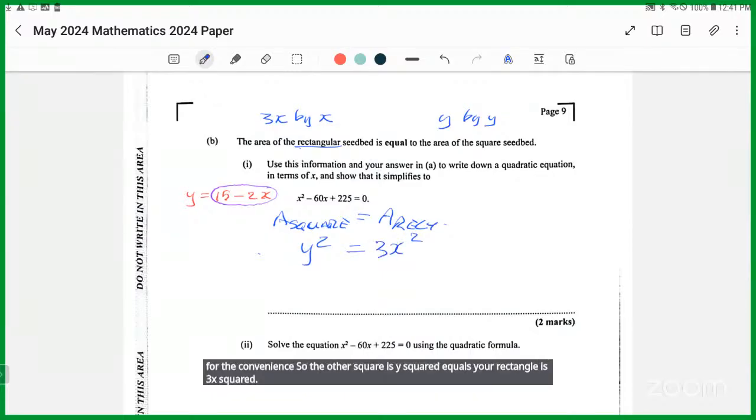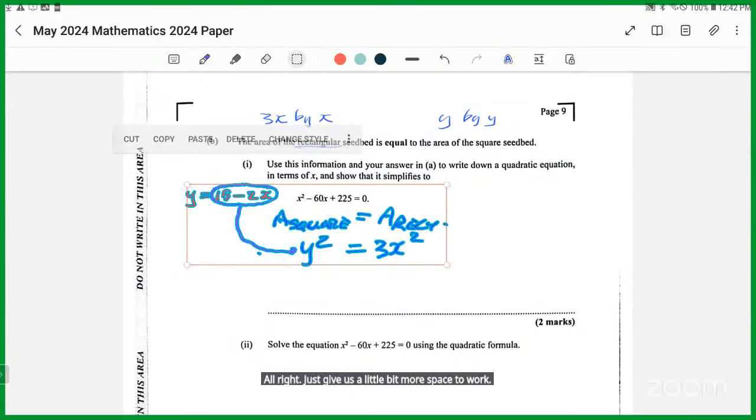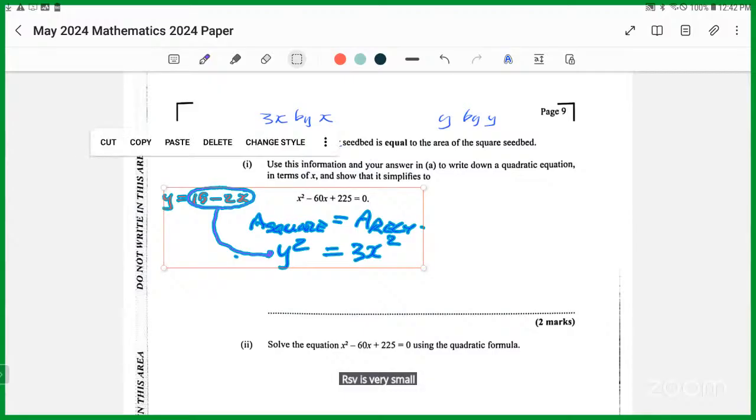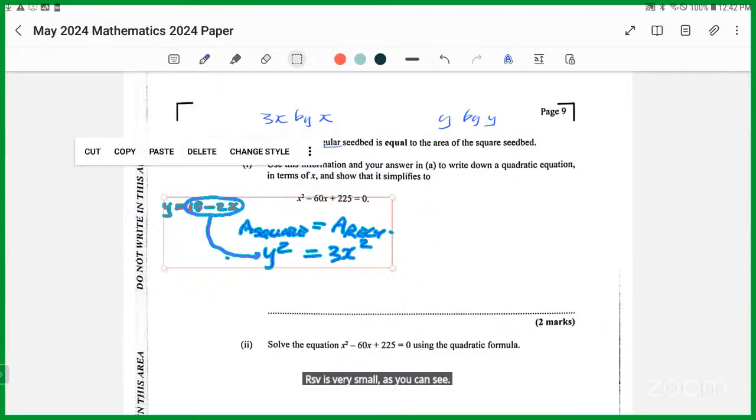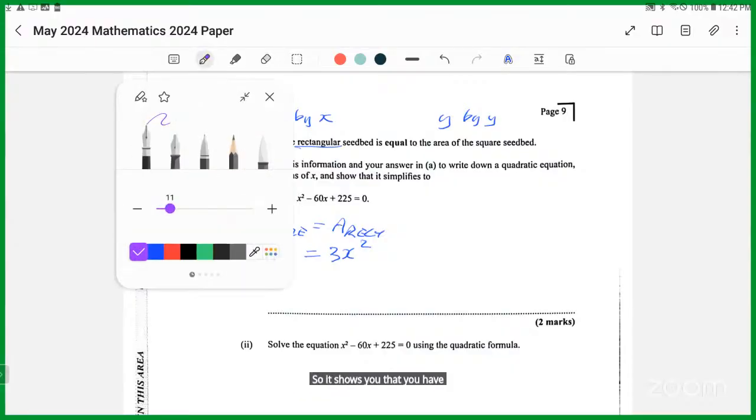I was substituting for the y here again, this into this, just to give us a little bit more space to work. But the space here is very small, as you can see. So you see, it shows you that you have to be efficient in the exam room.